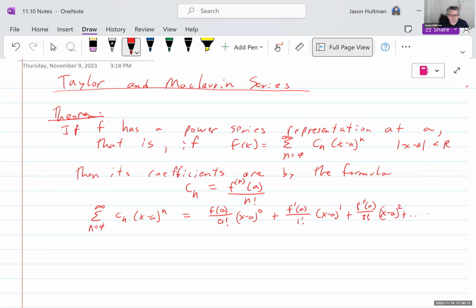Okay, so this gives us a way to get our coefficients, which is kind of fun.